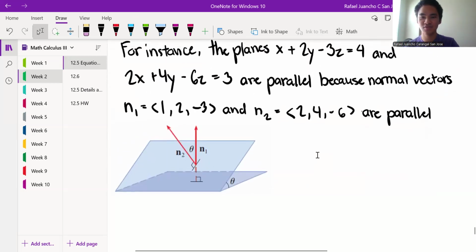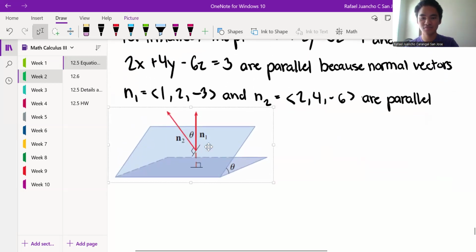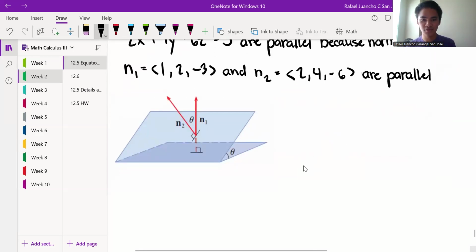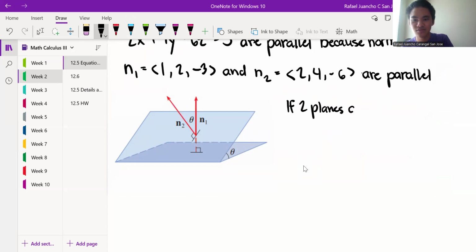So that's what this figure is. Yeah, it looks like a cardboard with two arrows. Anyway, what this is saying is if two planes are not parallel, they intersect in a straight line.